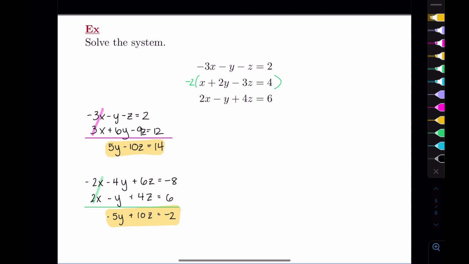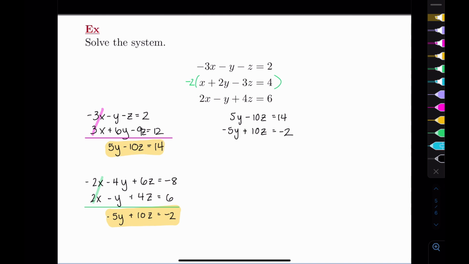If you notice, the left-hand side is just opposite in signs, but that's not the same for the right. So when I go to solve this system, there's going to be no solution. But let's actually do that. We have 5y minus 10z equals 14, and -5y plus 10z equals -2.